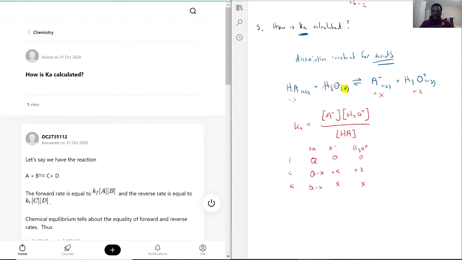So considering that A minus and H3O both start at 0, typically you'd have both of them as X, so to find the Ka, it'd be X squared over Q minus X. Now, after this, it depends. You can either use a quadratic equation, or you can simplify this further.